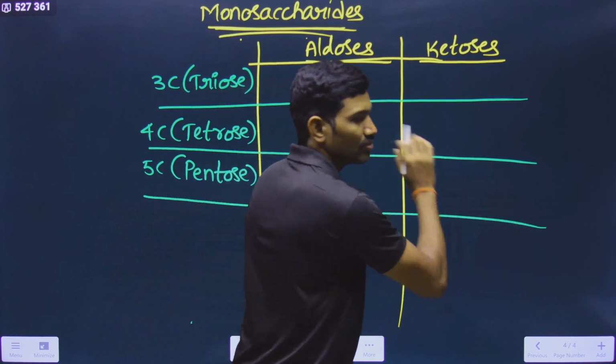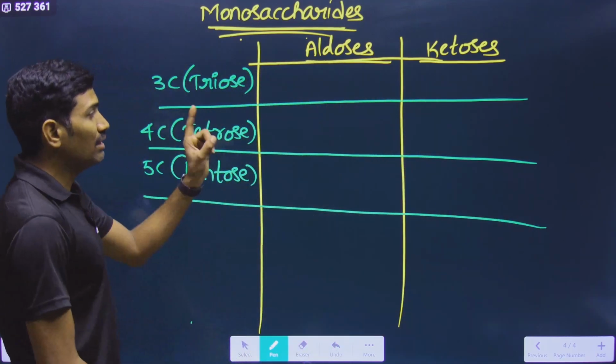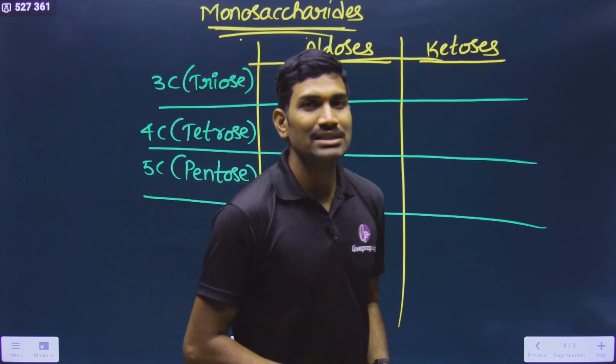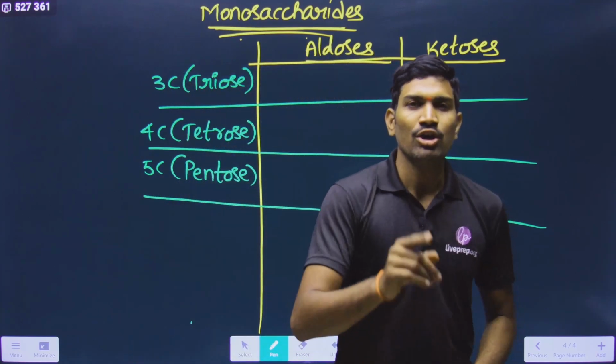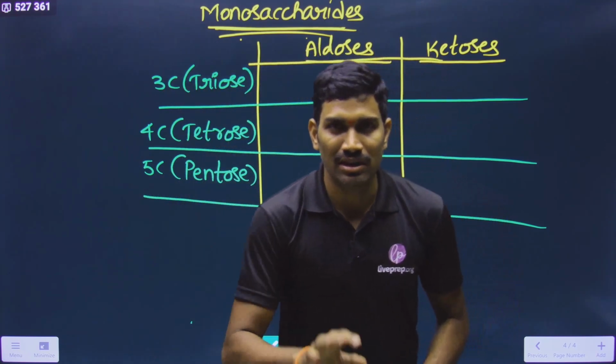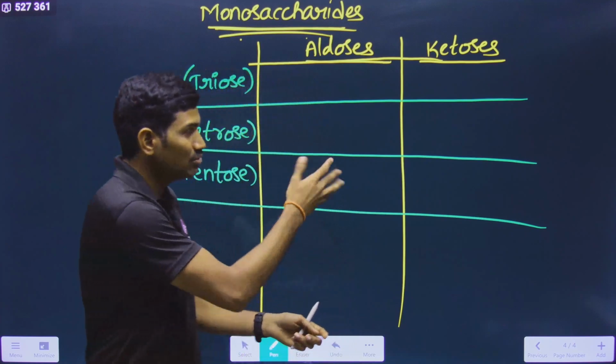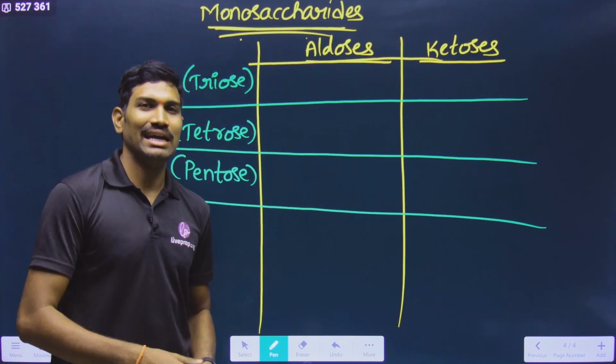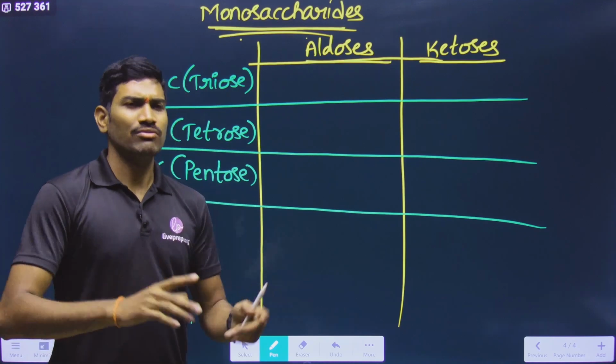For each one I will give you an example. Why am I giving these examples? Because these names you will mainly study under the photosynthesis chapter. You will study the C3 cycle and all in photosynthesis, and there you will use these names. And not only there, in the respiration chapter you will study glyceraldehyde, dihydroxyacetone, many of these.